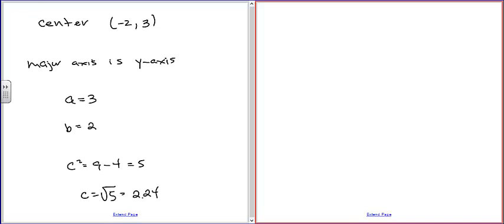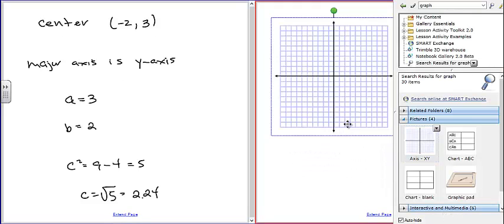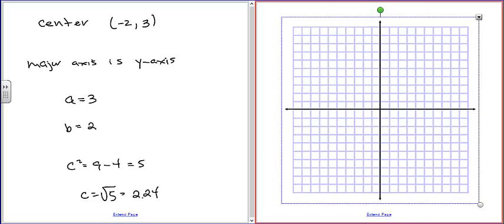So let's go ahead and draw the graph. Okay, center. Oh, let's label a graph. Okay, so it's negative 2, 3.